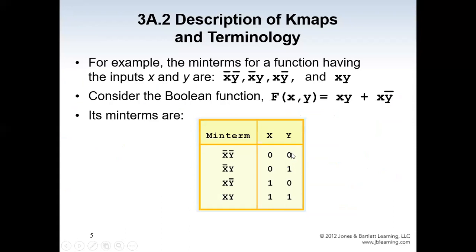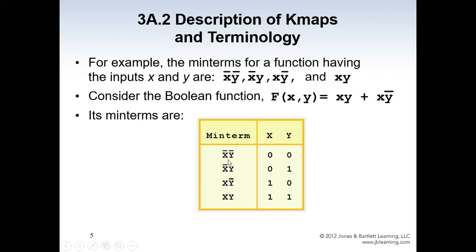What is the value of y? 0. It will be 0. If I am writing x bar, y, what does it mean? 0, 1. If it is x, y bar, then it is called 1, 0. If it is x, y, what does it mean? 1, 1. So basically, when you are writing these functions, you can say that this is called a min term.